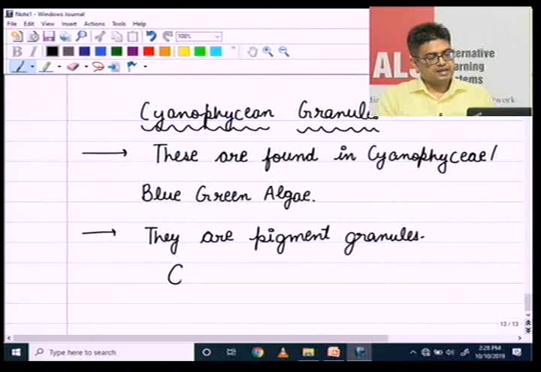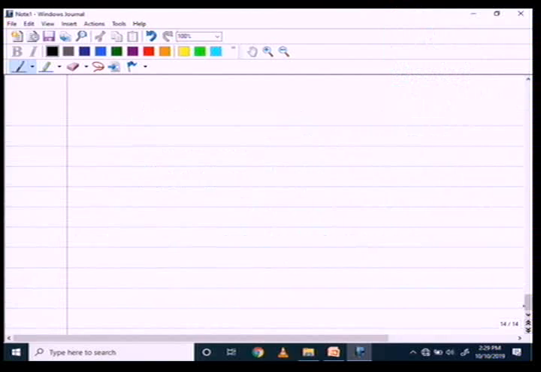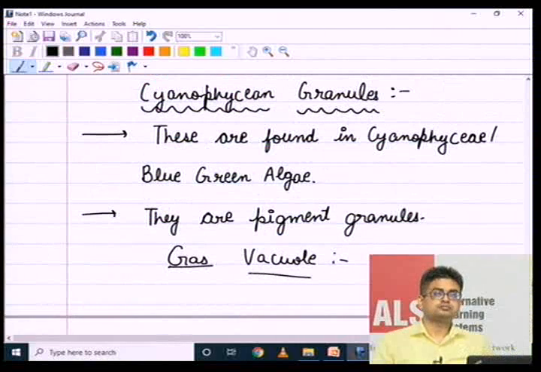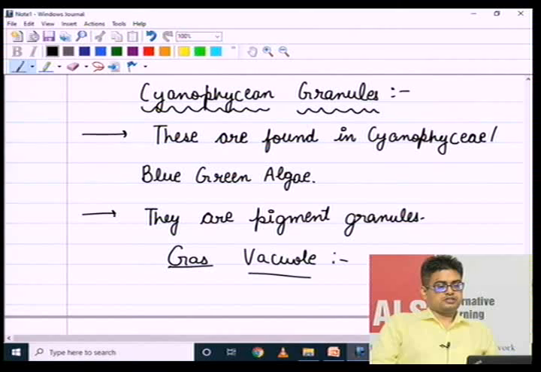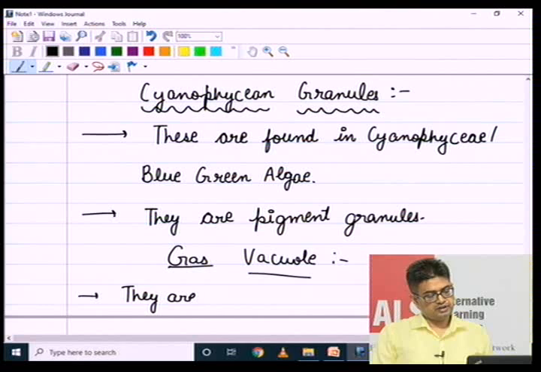Last is gas vacuole. These are meant for buoyancy. Buoyancy means ability to float in the water.